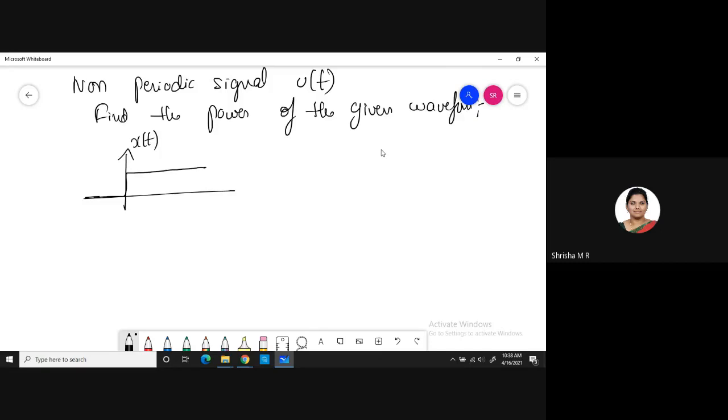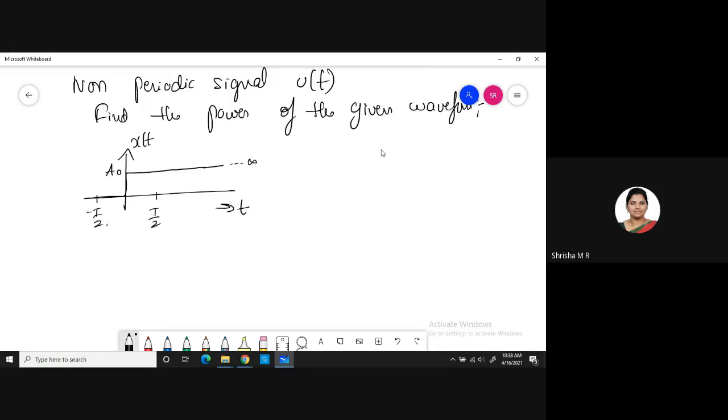It goes on up to infinity. So this is the time axis t. And what is the period? The amplitude is A naught. So how will you take the period for this? I'll take from minus T by 2 to plus T by 2.